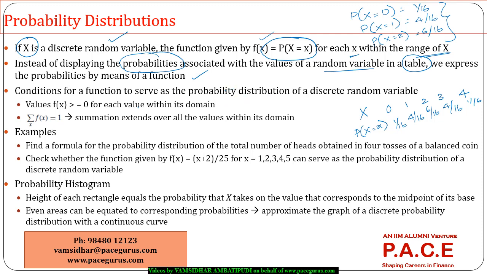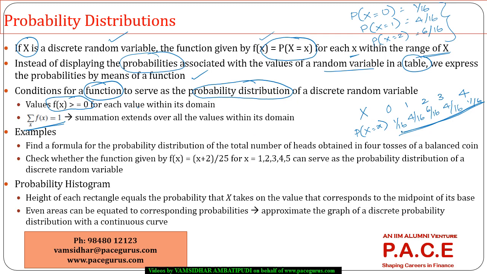If I am looking at any function, for it to be a probability distribution function, a few things are needed. The values of f of x should be greater than or equal to 0, which means each of the probabilities should be non-negative. And the summation of all those probabilities should be 1.